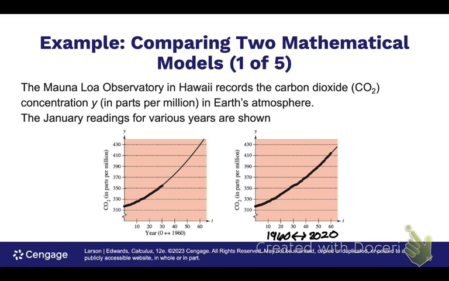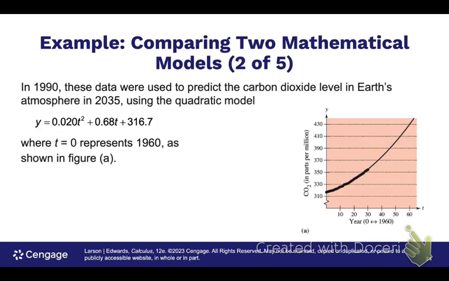So 0 was 1960, so this is 1970. They really messed up these pictures. So the carbon dioxide concentration is going up, isn't it? Not as fast. I don't know. Without the actual data, it's kind of hard.